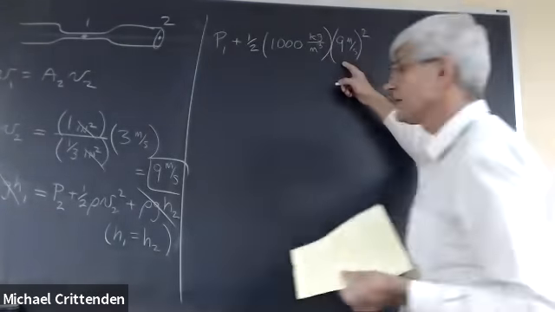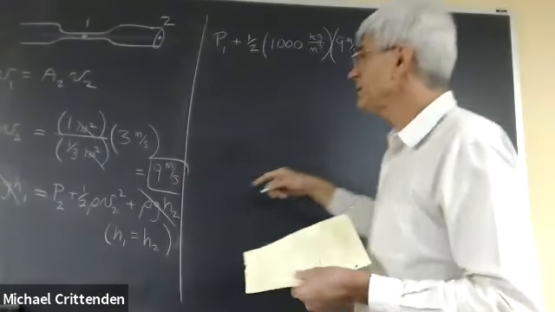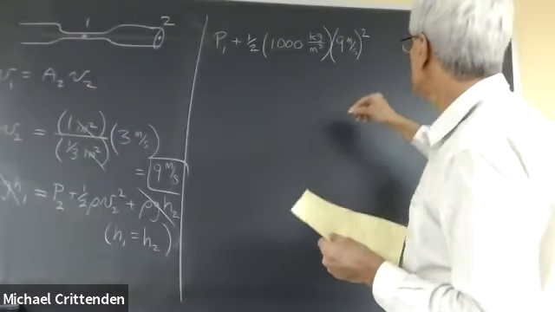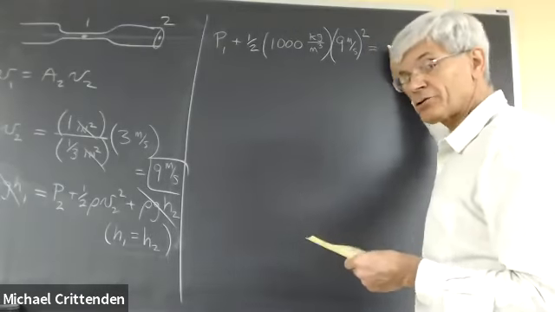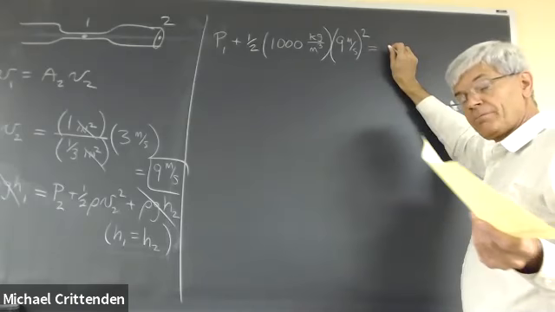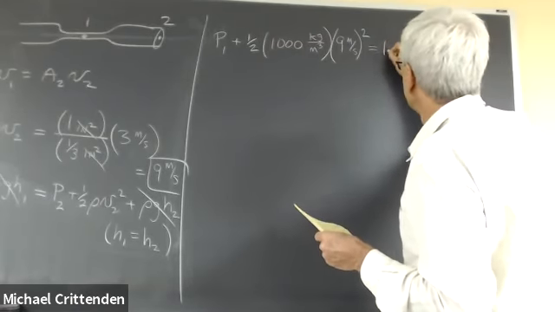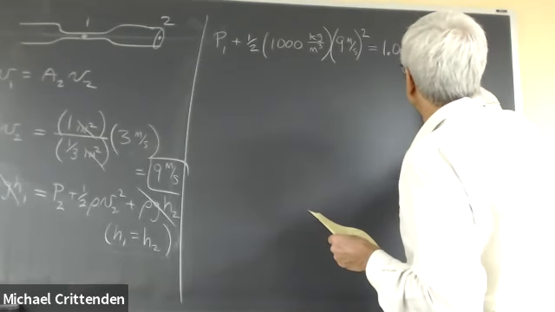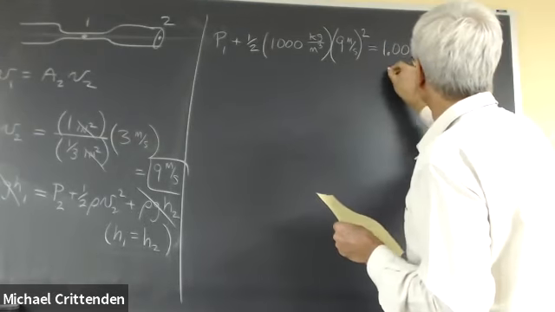Just got done figuring out that the speed of the water is 9 meters per second at point number 1. Over at point number 2, the pressure is given on the picture that came with the question. You've got 100,000 pascals there, 1.00 times 10 to the 5th. And I'm starting to run out of space.